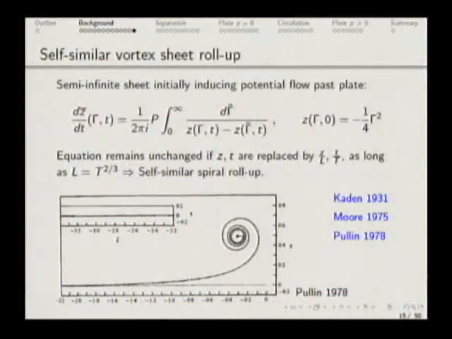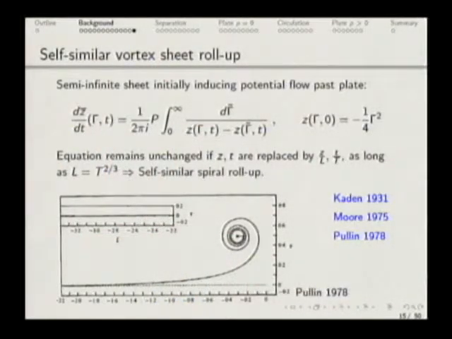And that flow, potential flow, so you know what the jump in velocity is across, so you know the sheet strength. So you know exactly what the initial condition is, what the sheet is that induces potential flow past here. And then you take that sheet and you let it go, and it rolls up like this.